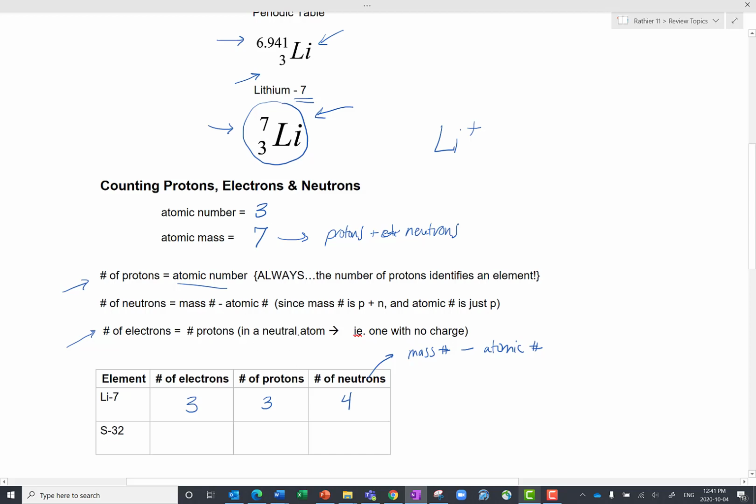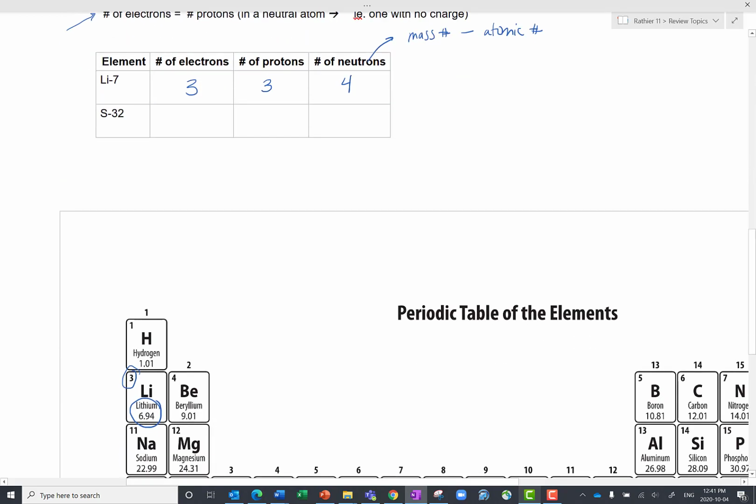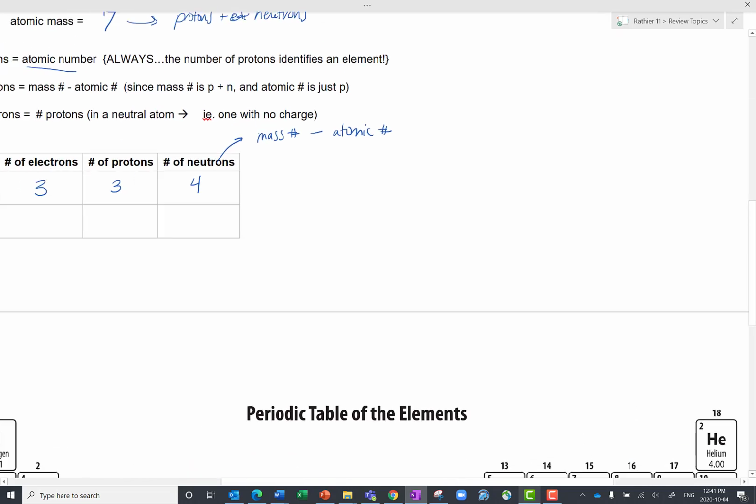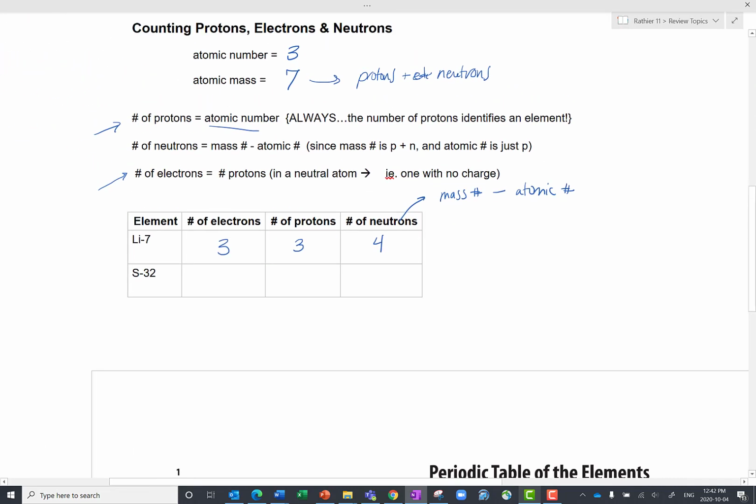So let's look at sulfur 32. Find sulfur on the periodic table. It's giving me the mass number. Okay, my sulfur is here. So the average atomic mass is 32.07, but the isotope we're working with is sulfur 32. And then I'm going to identify that it's got an atomic number of 16.